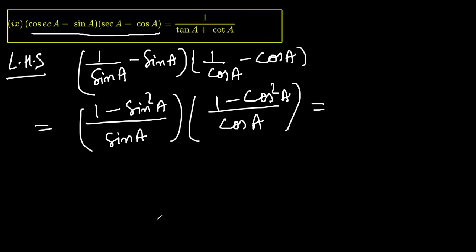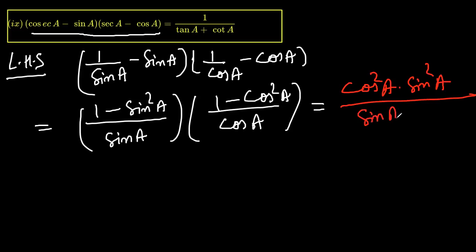Well, 1 minus sin square A is equal to cos square A. And 1 minus cos square A is equal to sin square A, divided by sin A cos A.